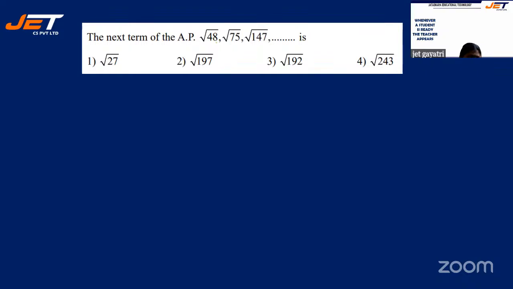Now let's move on to the next question. The terms of the AP are root 48, root 75, root 147. Right? Now they wanted the nth term of the AP.